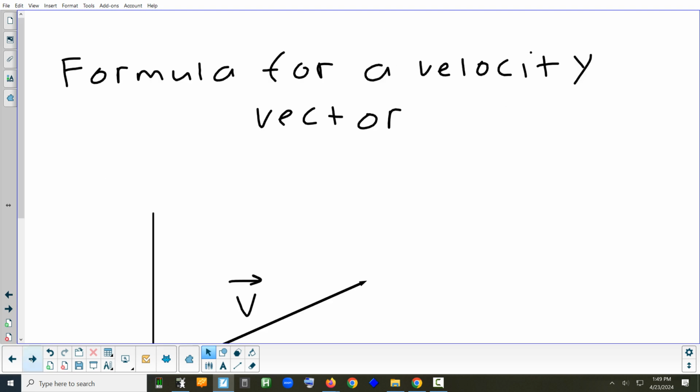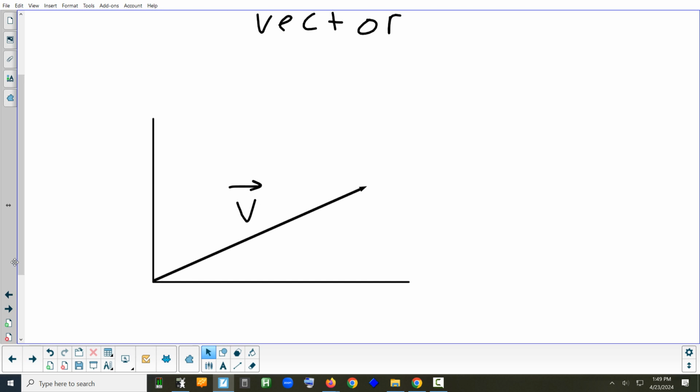So this is the diagram that gives us the formula for a velocity vector. Normally when you throw something, it starts to curve because of gravity. We're going to keep it simple and say it goes straight, as if we're in outer space. Now we said that vectors have two components. You can see them in this diagram if you draw a line straight down.